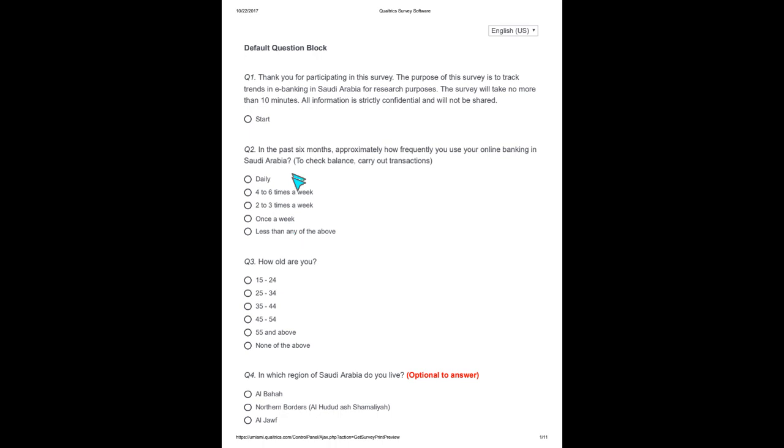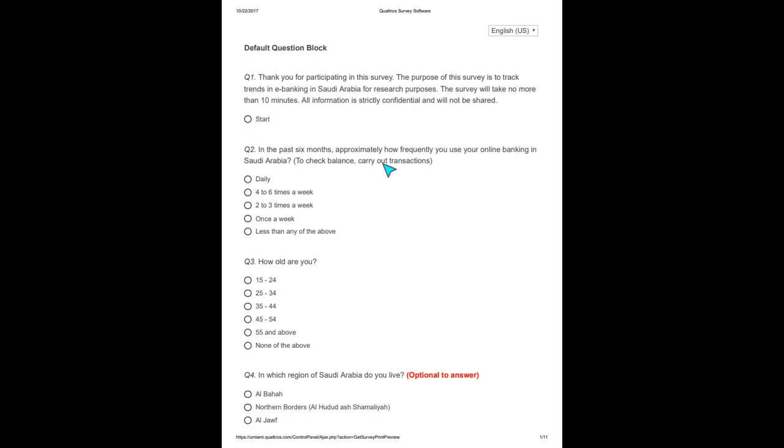In our case here: in the past 6 months, approximately how frequently do you use online banking in Saudi Arabia to check balance, carry out transactions? Meaning how many times during the past six months did you use online banking?